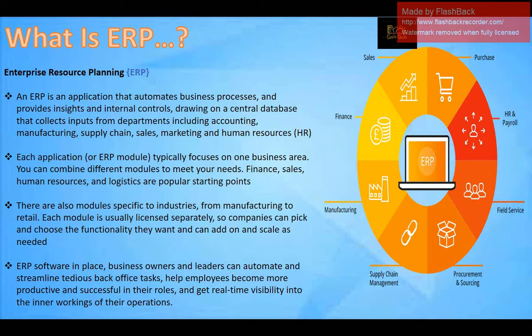ERP integrates their processes into a single system, and it will increase the productivity and revenue of the organization, and it is easy to work with. Different departments can access each other's data.